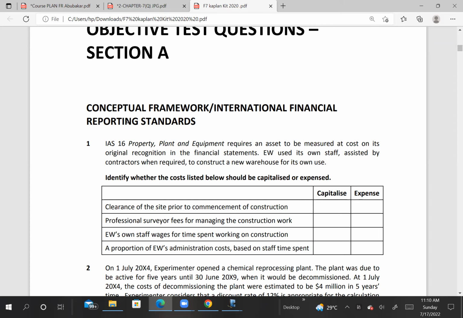Identify whether the costs listed below should be capitalized or expensed. So clearance of the site prior to commencement of construction, should we capitalize it or expense it? Kindly respond quickly.